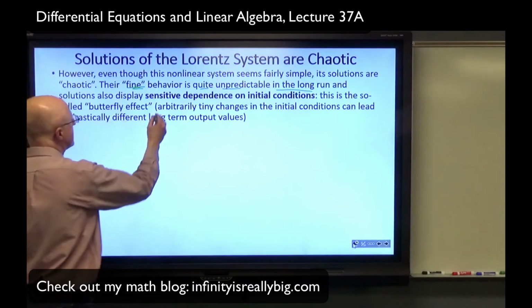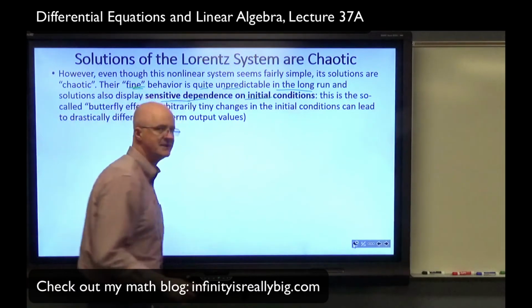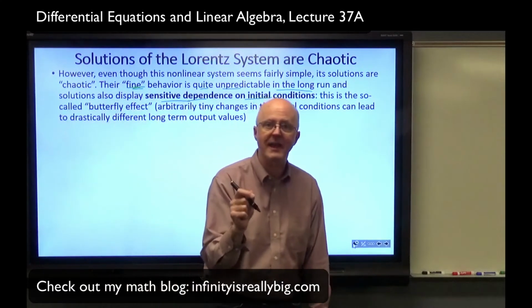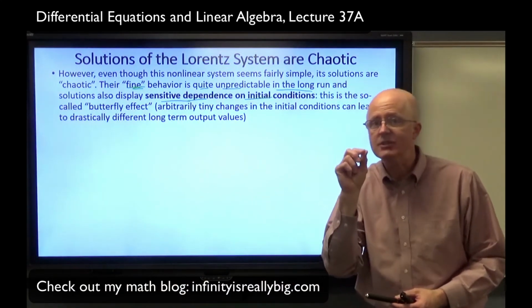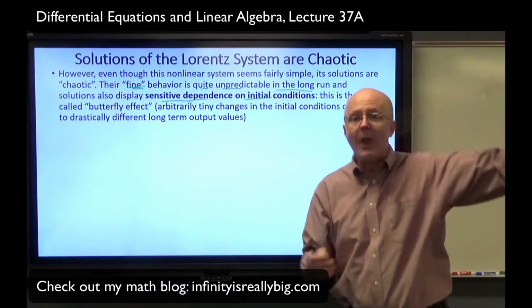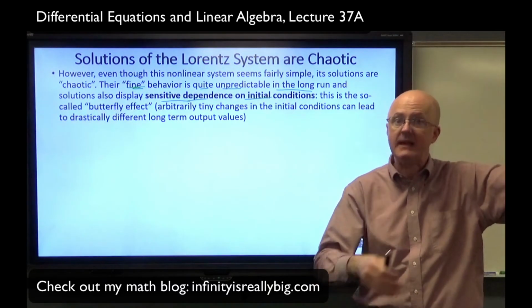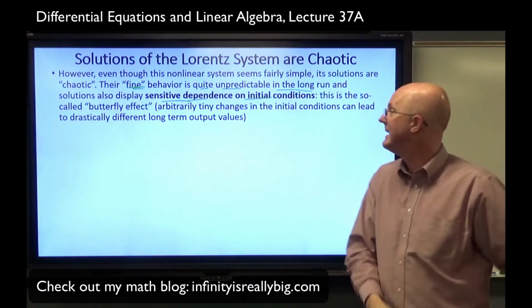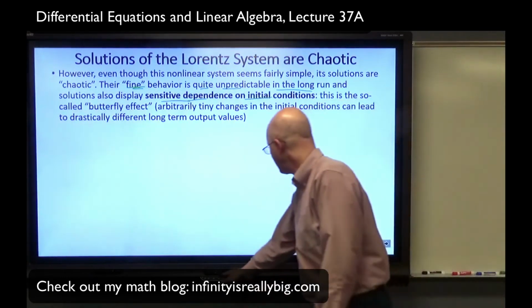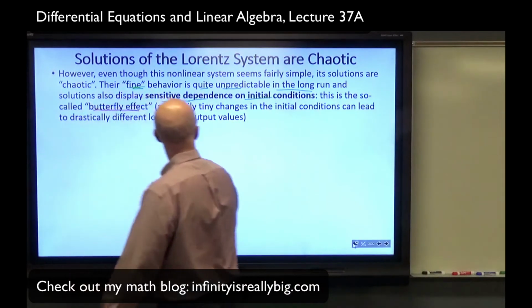And they display what's called sensitive dependence on initial conditions. This is a very profound thing. What it says is arbitrarily small changes to your initial condition drastically affect the long-term behavior, make it completely different in the long run. In the short run, it's basically the same, but in the long run, it can be different. This is the so-called butterfly effect.